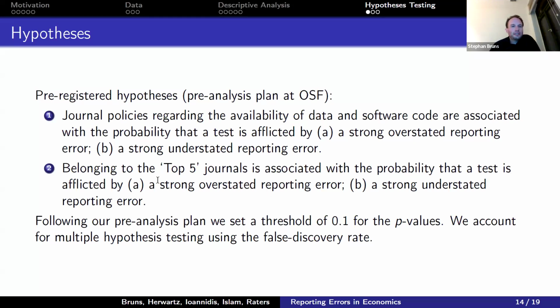There's some prior evidence that the prestige of a journal might be related to the prevalence of reporting errors, and we wanted to test this here. It might go two ways. It might be that the review process is so rigorous in these journals that there are no errors, or it might be that the incentive is so strong to get published in these journals that there might actually be more errors.